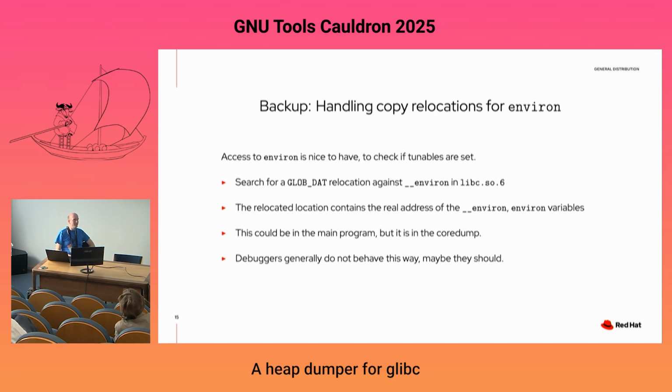But when I use GDB for this, I need the main program to get the symbol definition for the copy relocated environment variable. My tool actually reads the relocation data from the coredump for libc.so.6 to see where the dynamic linker has told glibc the environment area is. And then I can use that address to load the actual application view of the environment variable.